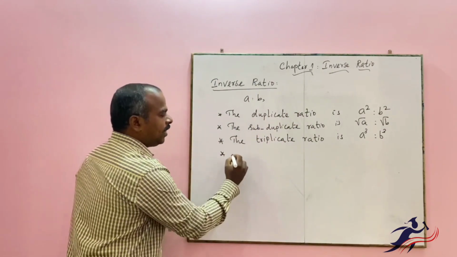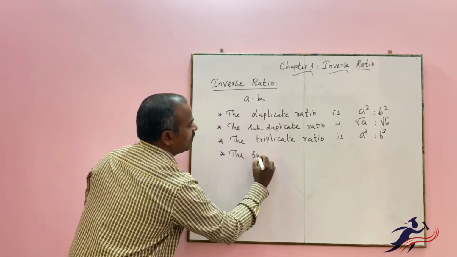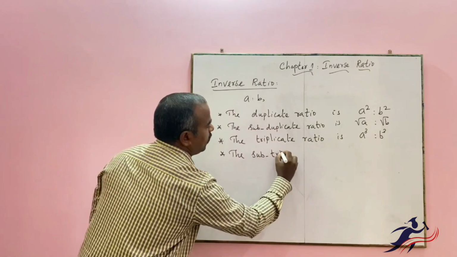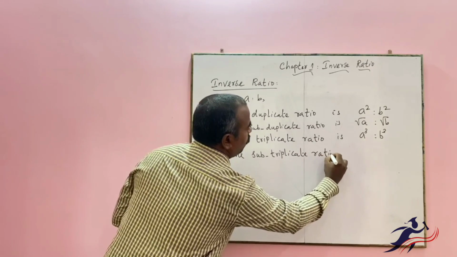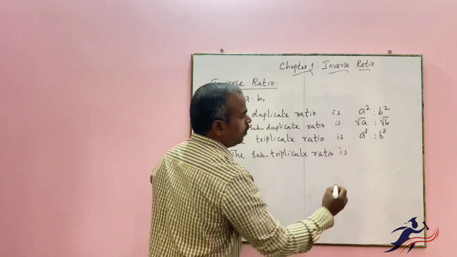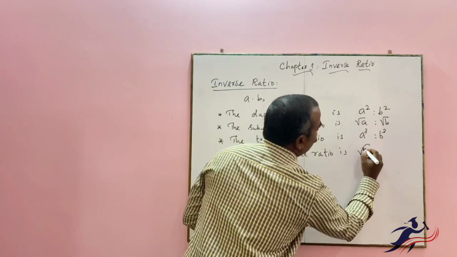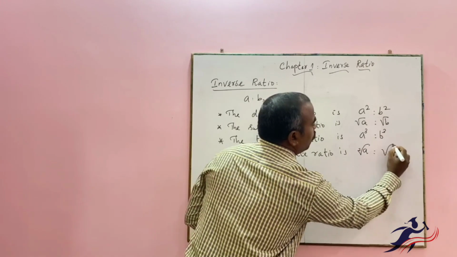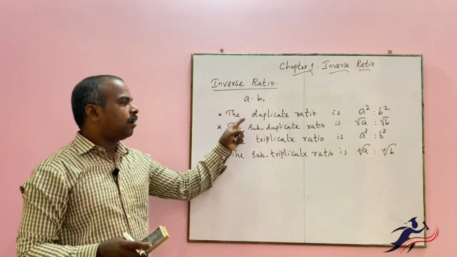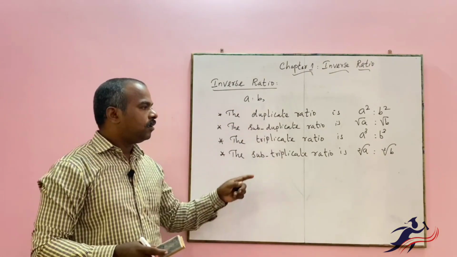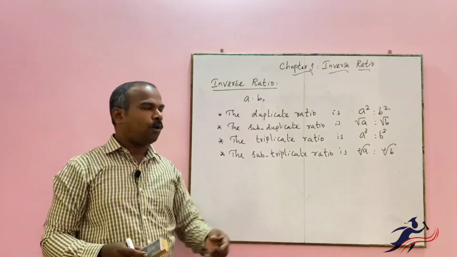Also, the subtriplicate ratio is cube root of A is to cube root of B. So these are all very important results. They are used in solving problems.